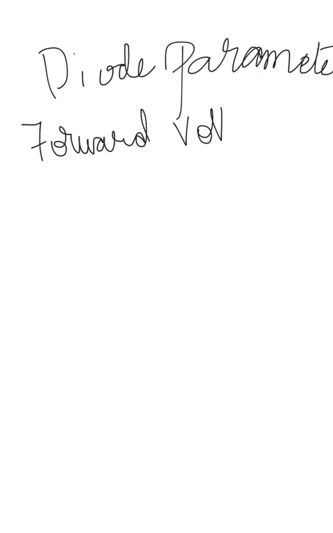The first diode parameter is forward voltage, VF. Forward voltage is the voltage drop across a PN junction diode during forward bias condition. It is due to majority carriers and measured in volts.